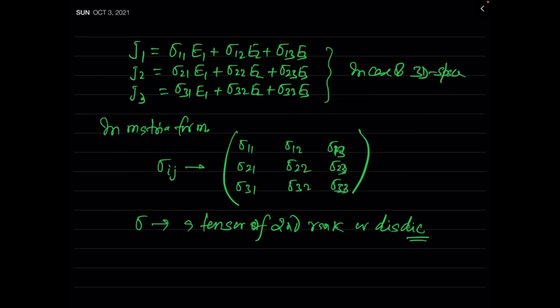This tensorial representation of quantities becomes very essential when we talk about electrical, optical or elastic properties, particularly in case of anisotropic solids.